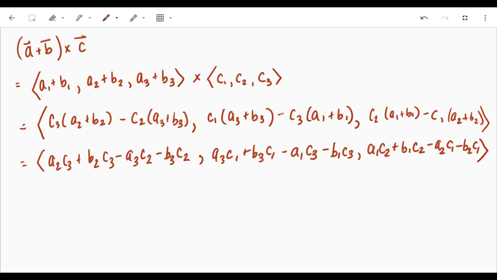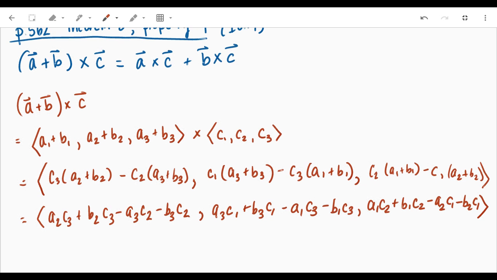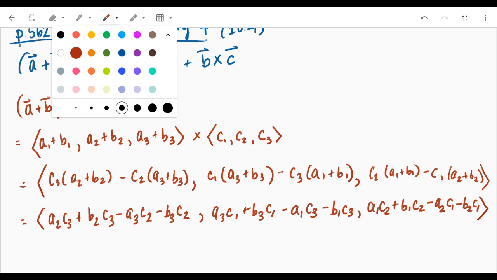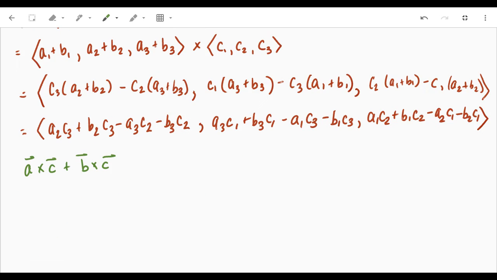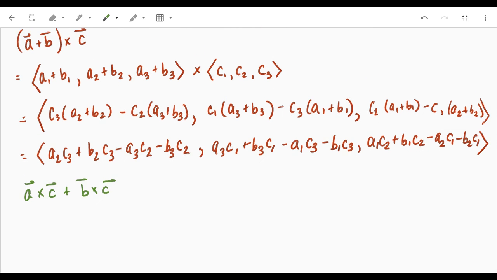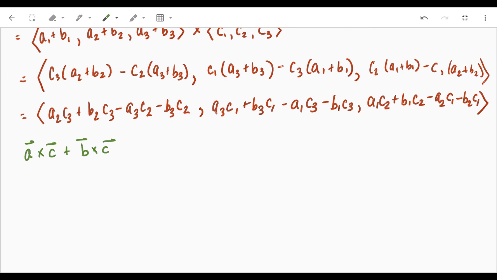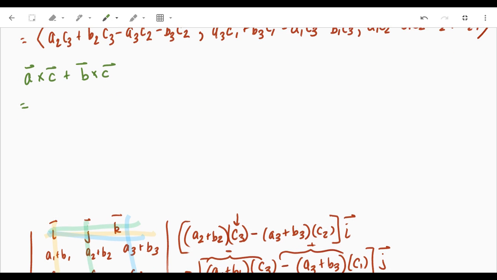So now I'm going to look at the second piece, that A cross C plus B cross C. I'm going to show my work below.